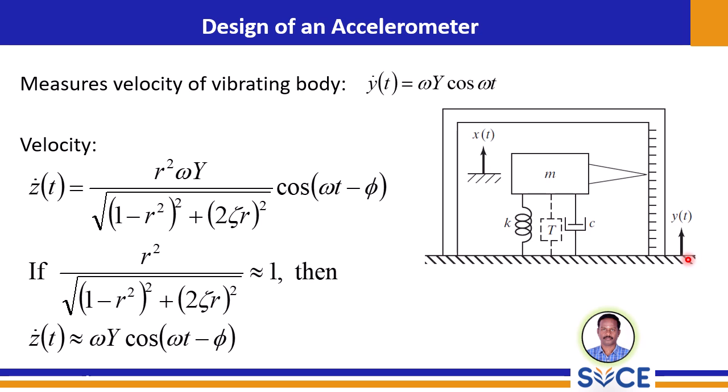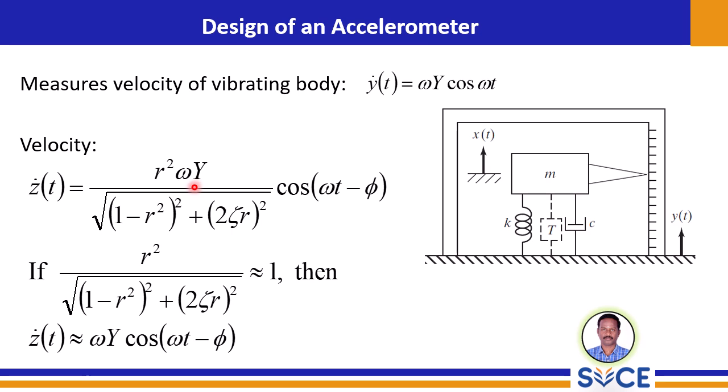That is, there will be a relative motion between them because of the damper and stiffness. We are particularly interested in this relative motion between the seismic mass and the base, which we define as z of t. The relative velocity z dot of t is often sensed and related to the input velocity omega y.